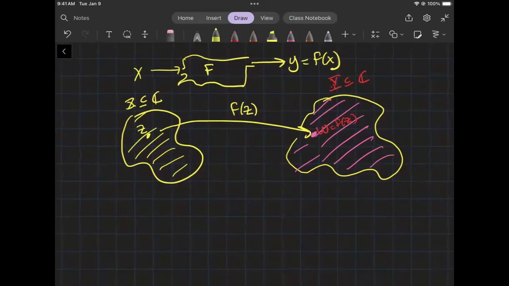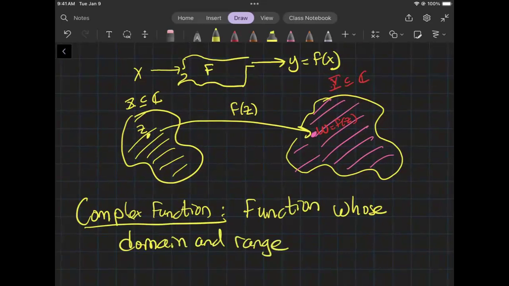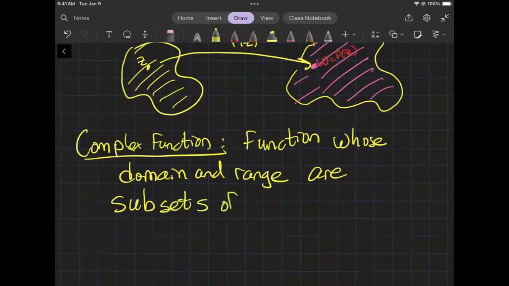Okay, so a complex function is a function whose input and output sets are part of the complex numbers, right? So this is a function whose domain and range are subsets of the complex numbers.